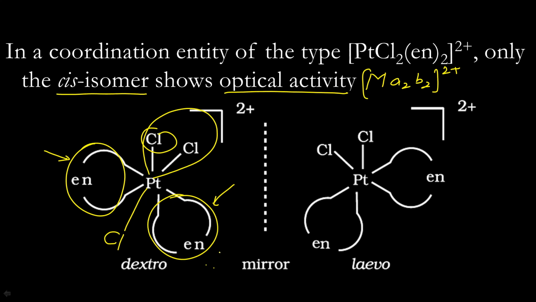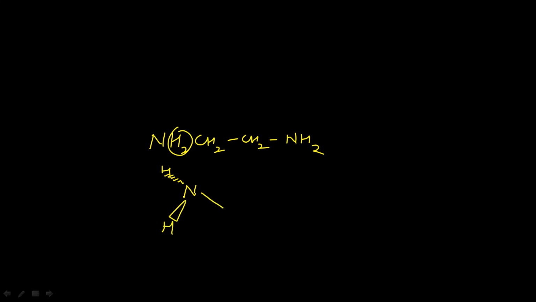When you say NH2, CH2, CH2, NH2, okay, these two hydrogens will have some placement with respect to the nitrogen. This nitrogen will have some placement with respect to this hydrogen, carbon.